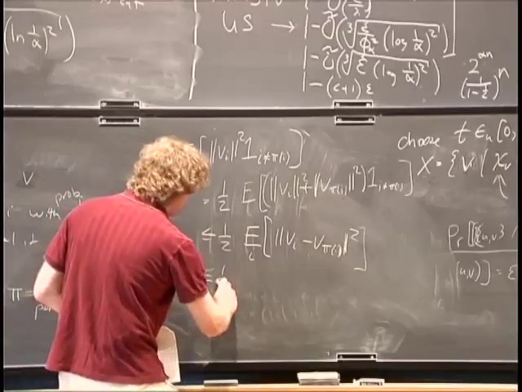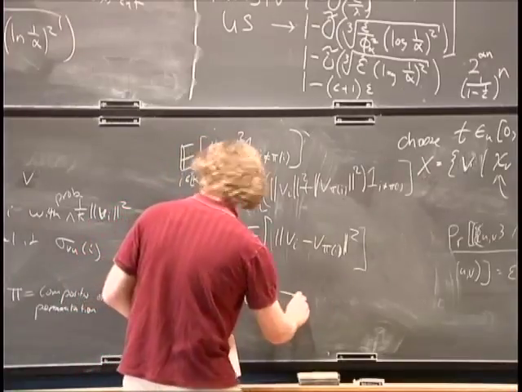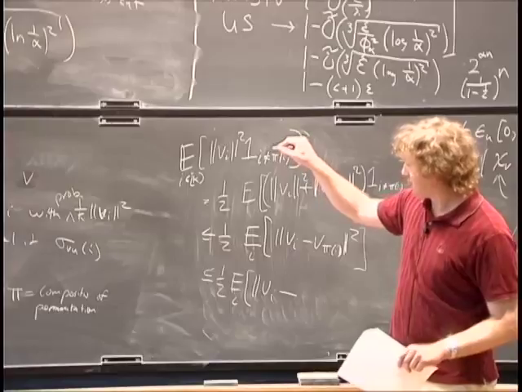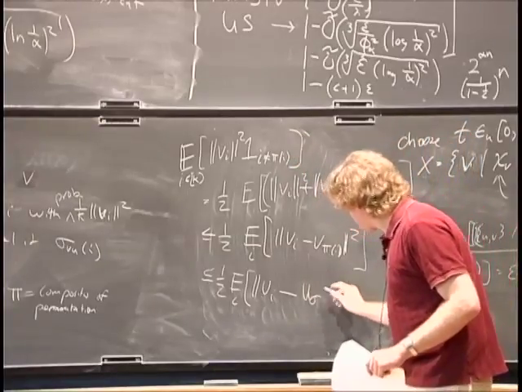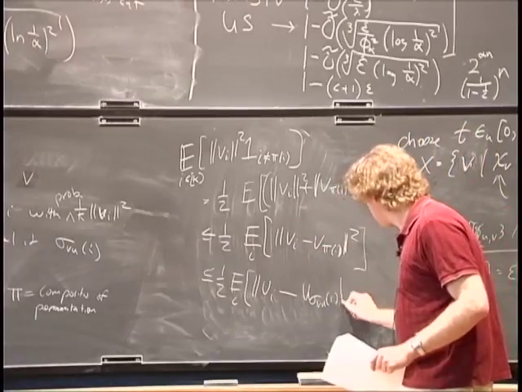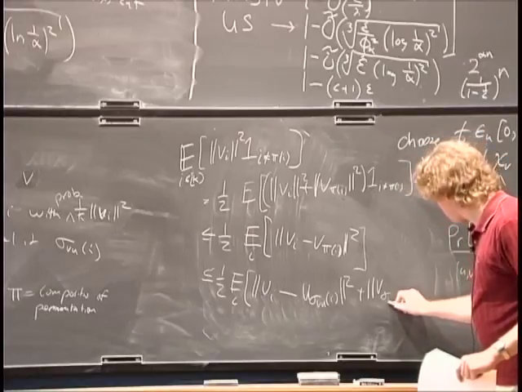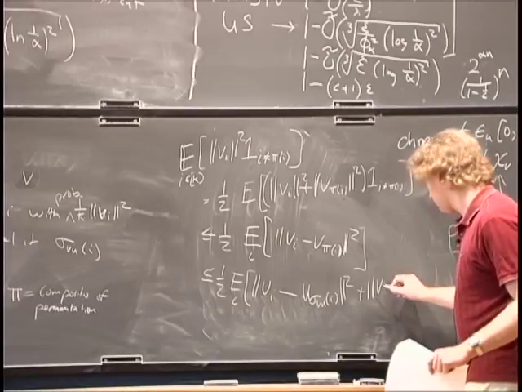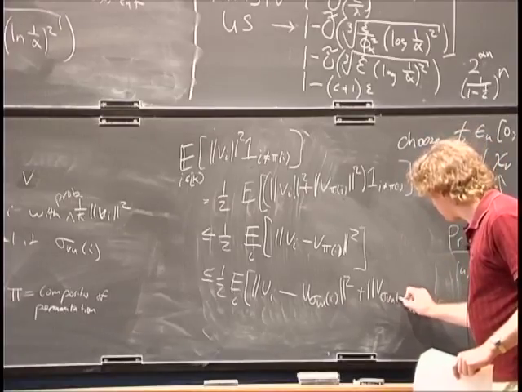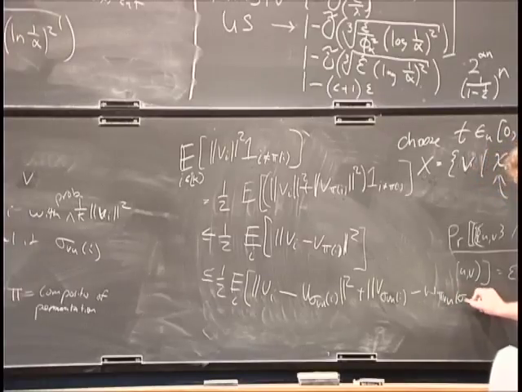So this is at most a half the expectation over I of VI, so we'll go clockwise around it, minus U, pi WU, UV.